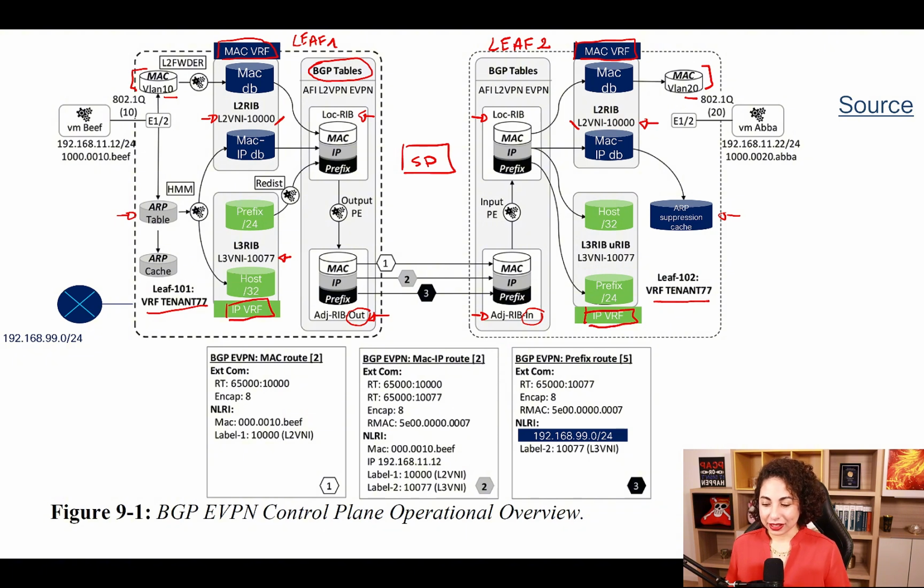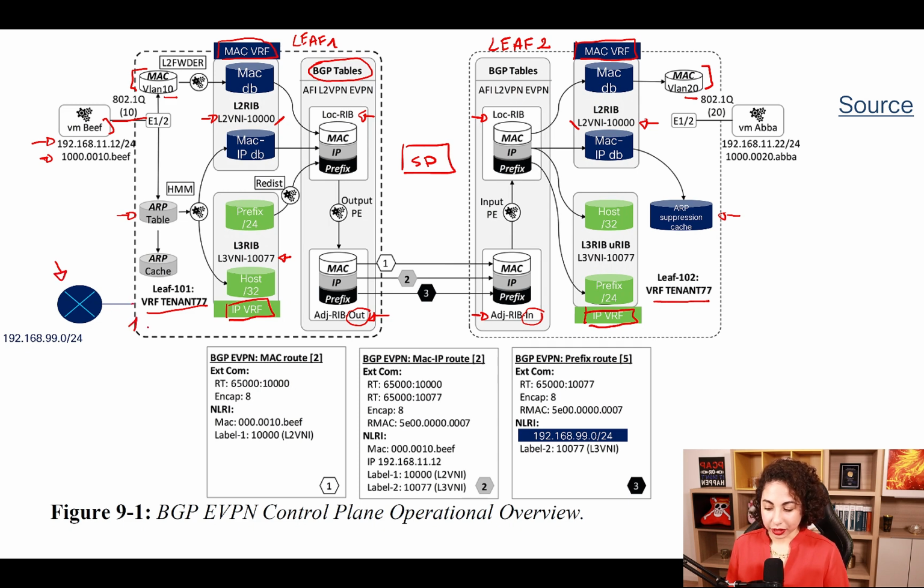Now let's follow the learning of three pieces of information. We are going to follow the learning and information propagation for the MAC of this VM that I have here. So I have VM beef here that is connected to interface 1/2 on my first leaf. We are going to follow the propagation of its MAC address, the propagation of its MAC to IP correspondence, and finally we are going to consider that we have an external router here that is connected on another port.